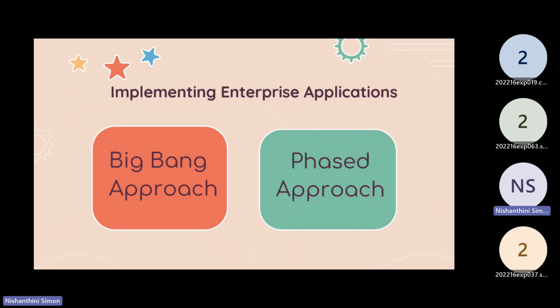Cost-wise also we can say it's cheaper, because now we left everything behind, and with the new system we are moving on. And the implementing process could be quicker, in a very shorter period of time, we can change and start using the new system.